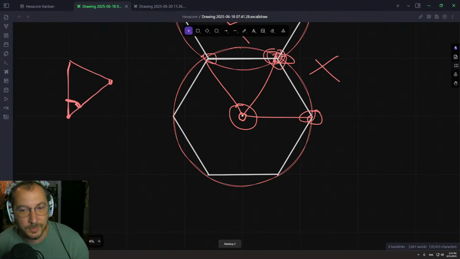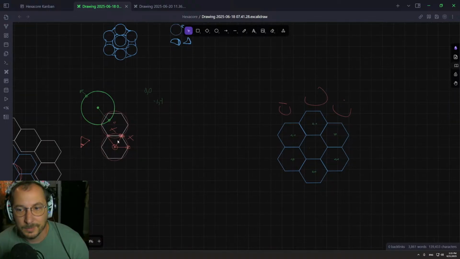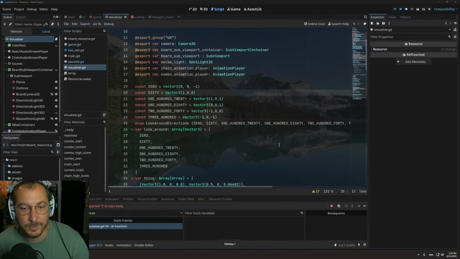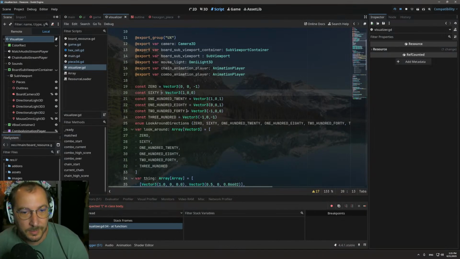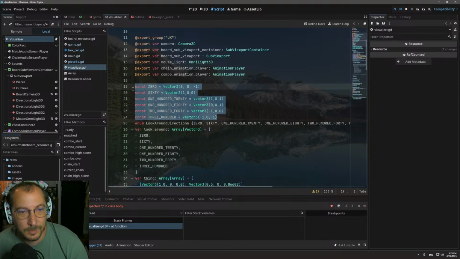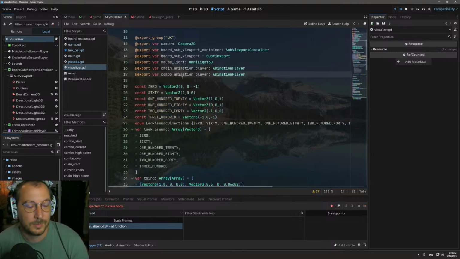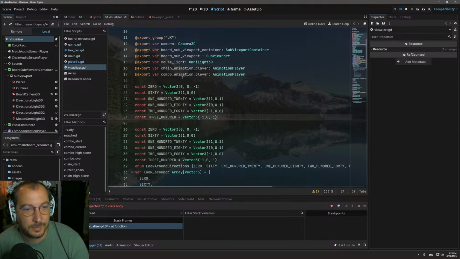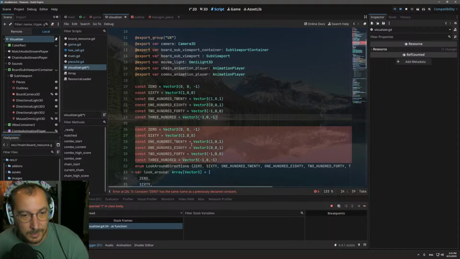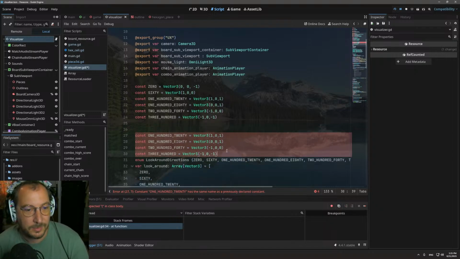So we want 1 plus 1 to be 0. So this right here is 0. So let's go ahead and redeclare this, and we're just gonna rip this like this.